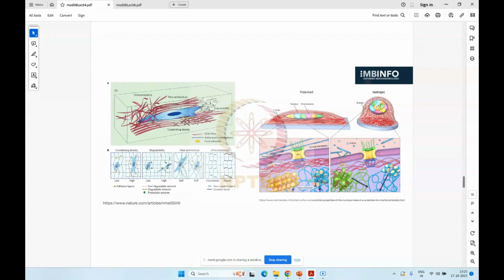It is going to rearrange even the nucleoskeleton, the linkage between the actin cytoskeleton and the lamina, the lamins would be different, all of that. So basically, it all boils down to what kind of environment the cell is in.